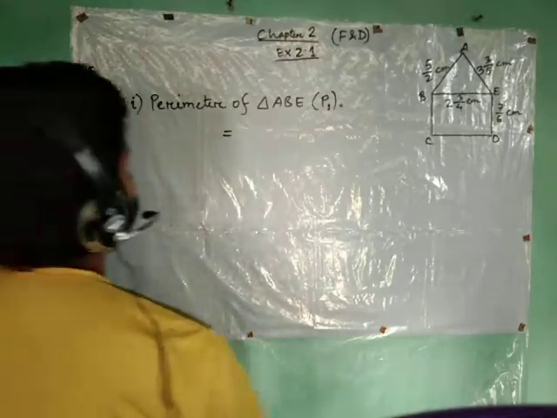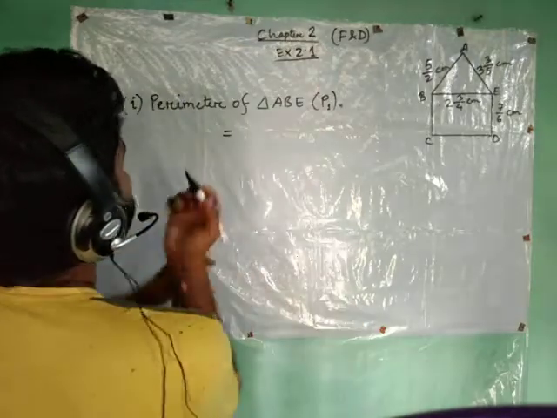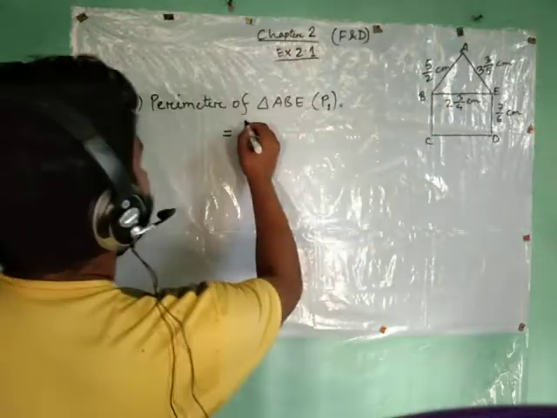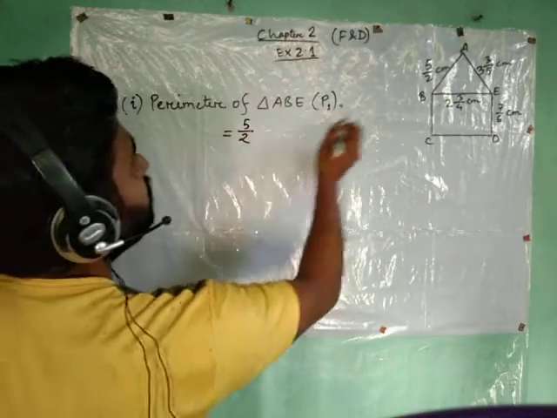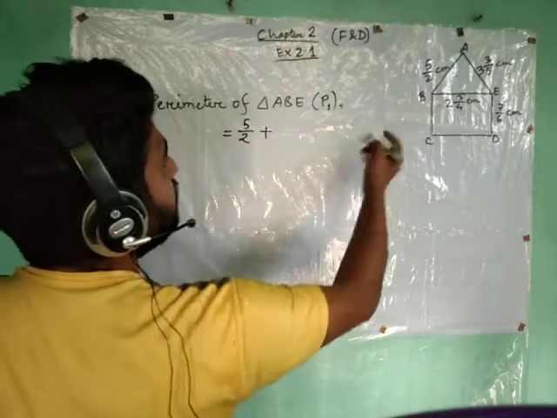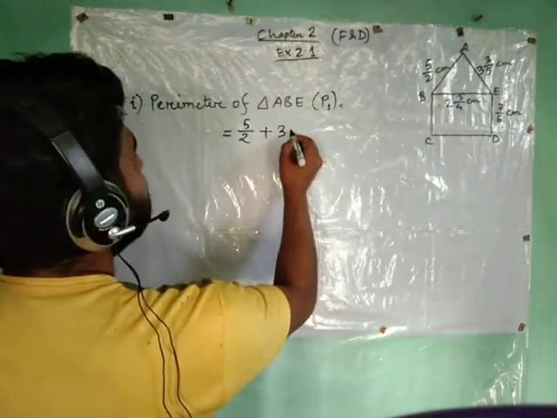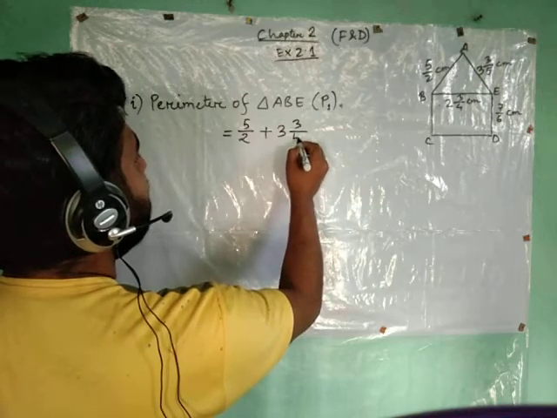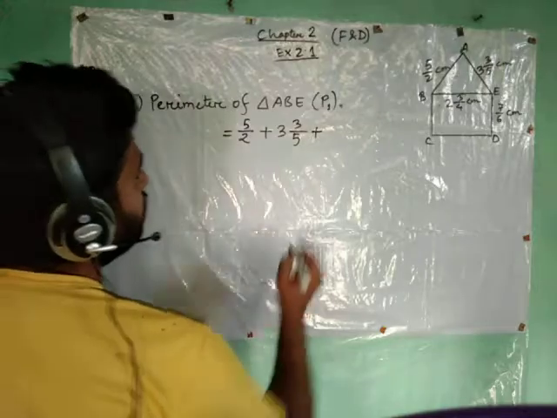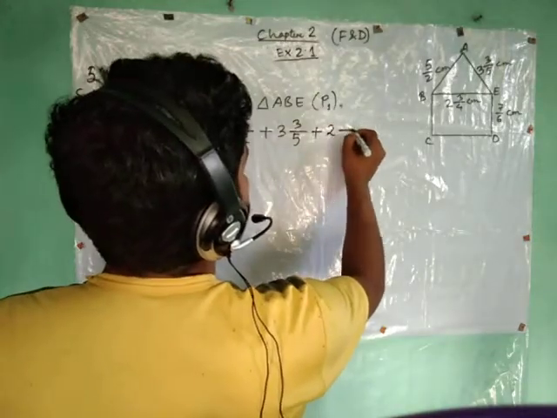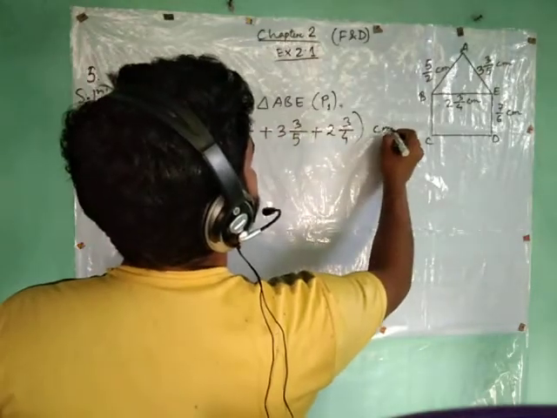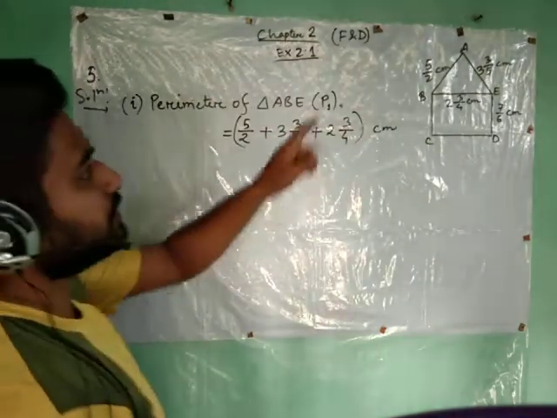Now what I will write here, 5/2, this one is the first side, plus next one will be, suppose this one. Sum of all three sides gives you the perimeter of the triangle.